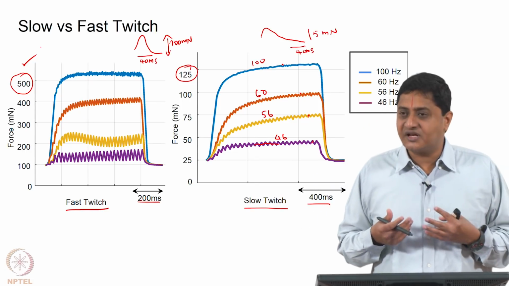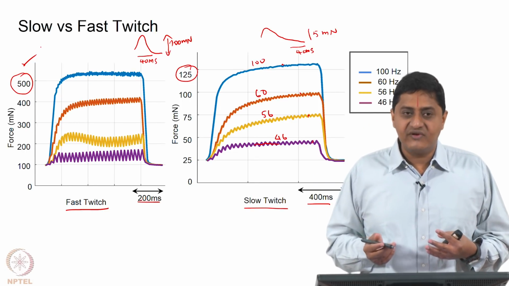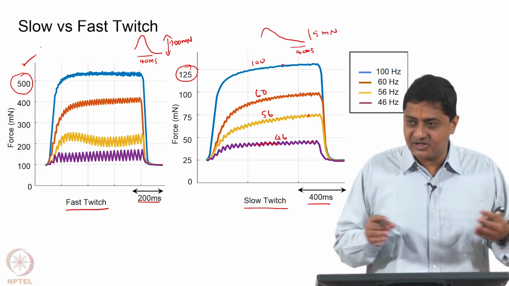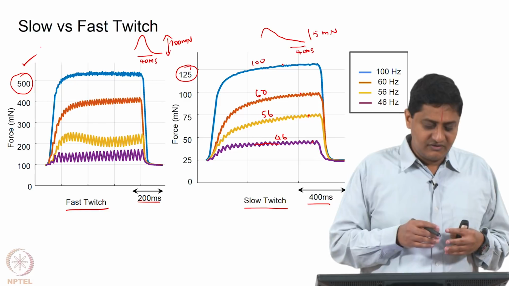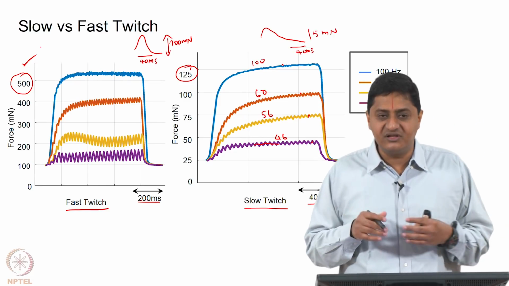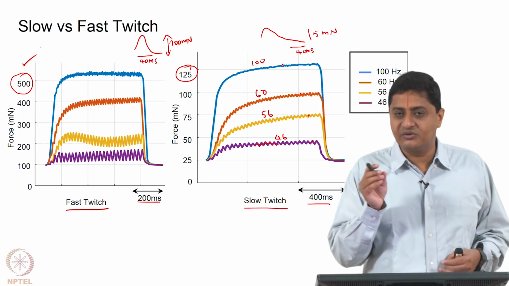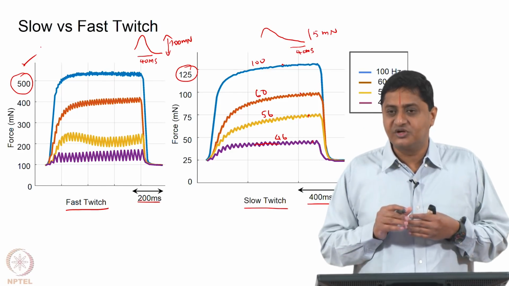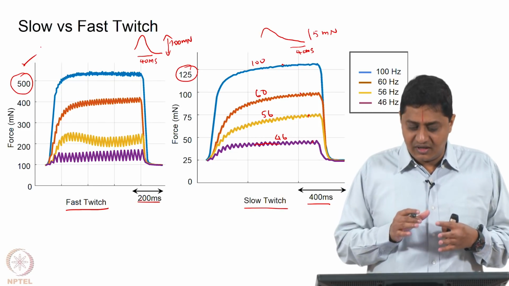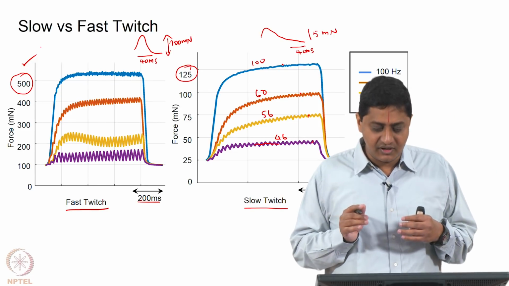So, in real life there are going to be situations where you are demanded to produce relatively small amounts of force for relatively long periods of time, relatively large amounts of force for relatively short periods of time, and everything in between. There are going to be cases when you need an intermediate amount of force for an intermediate amount of time. So, a healthy mix of all these things is required.